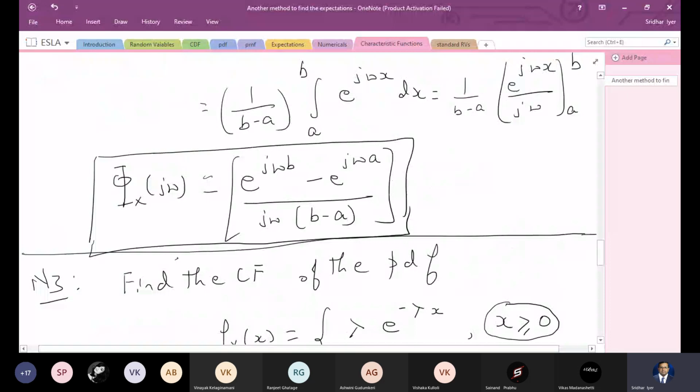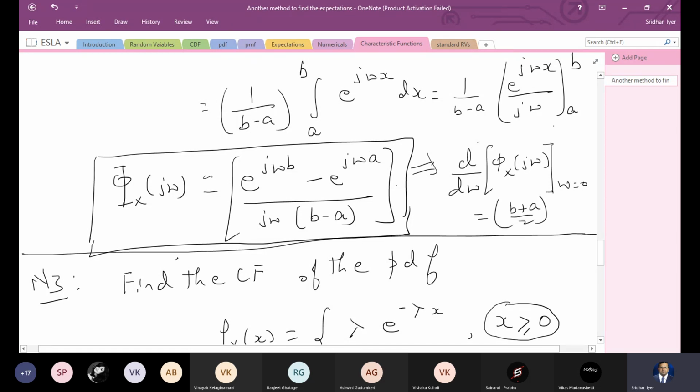We got this, right? So now if we do d by d omega, that is the first differential of this phi x of j omega, and then substitute omega equal to 0, the answer that we should get is (b plus a) by 2, because that is the mean value.